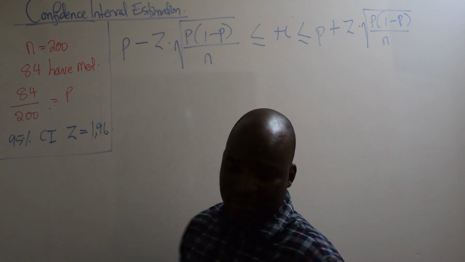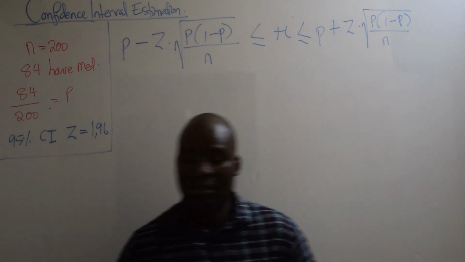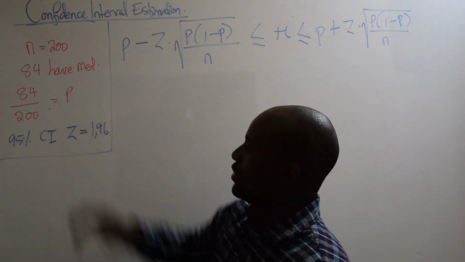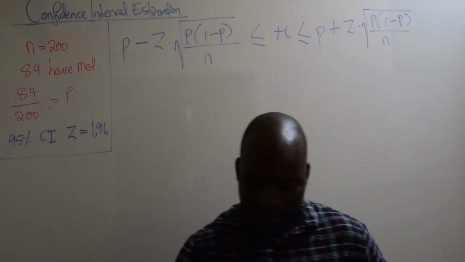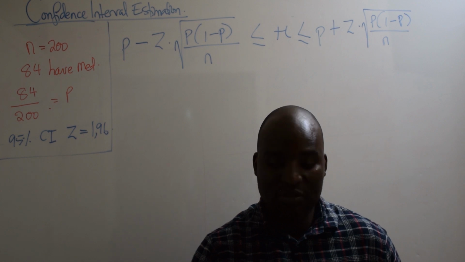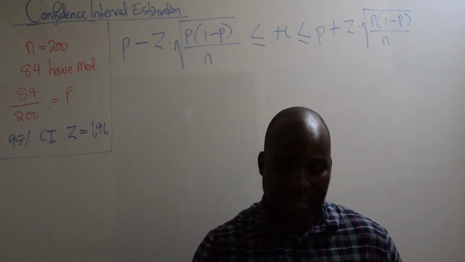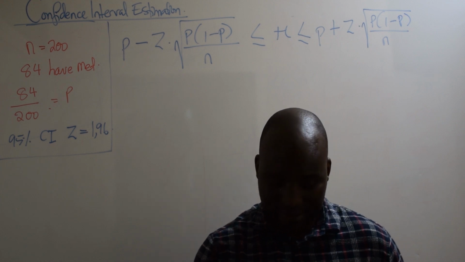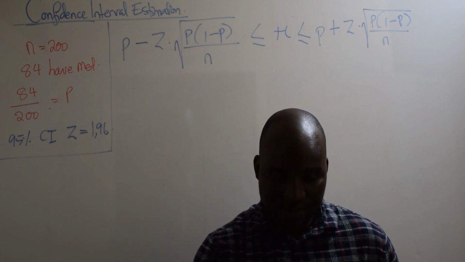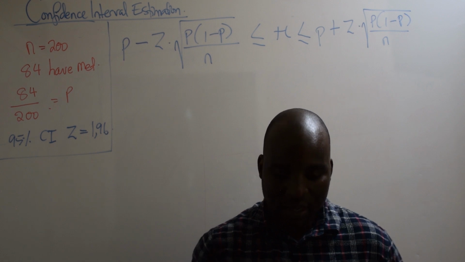So do we have enough information to substitute? We go back to our P. Make sure that your P corresponds with what you're required to calculate. The 84 have met the requirements of the equity charter.